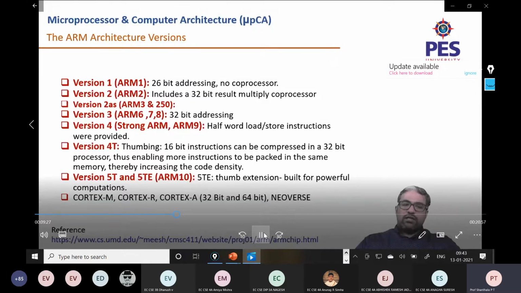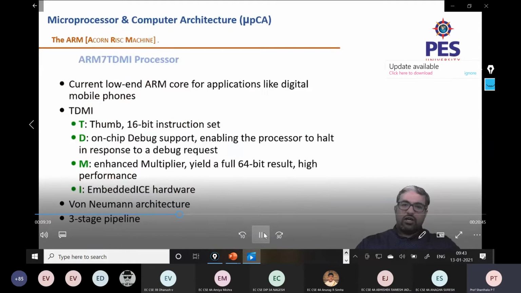If you want to understand more about the versions, I've given the reference here. You can go through the reference on the internet and understand the different versions. But what we study here is the ARM7TDMI processor. It's a 32-bit processor.